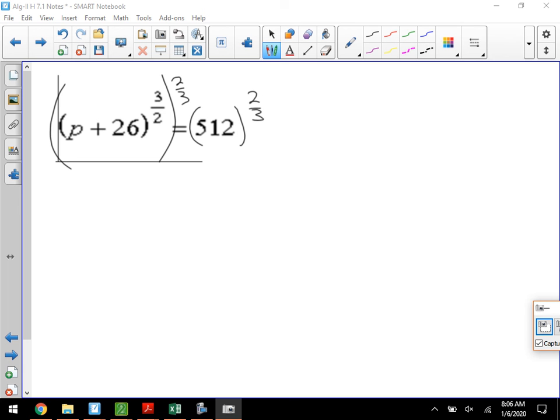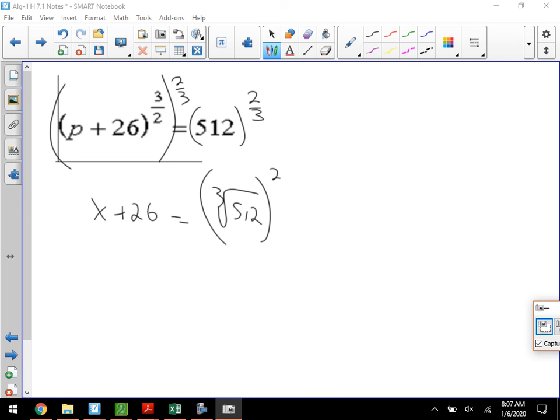Okay, I have to do 2/3. So now you undid the one side, you're going to get x plus 26 is 512. Sorry, we rewrite this as the cube root of 512 squared. So without using the calculator, let's see if we can guess and check our way to figure it out.